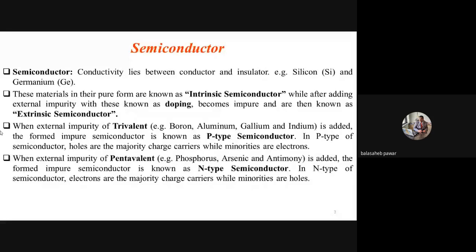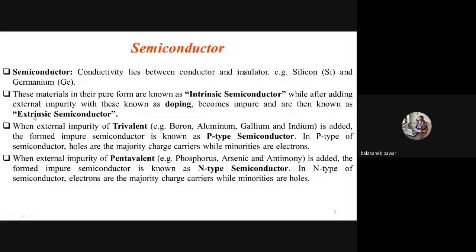Extrinsic means something externally added to the semiconductor. Whenever doping is done, that means whenever trivalent or pentavalent impurities are added to the pure semiconductor, it becomes impure. Impure is extrinsic, and pure is intrinsic. This is the trick to remember: extrinsic means with externally added impurity.